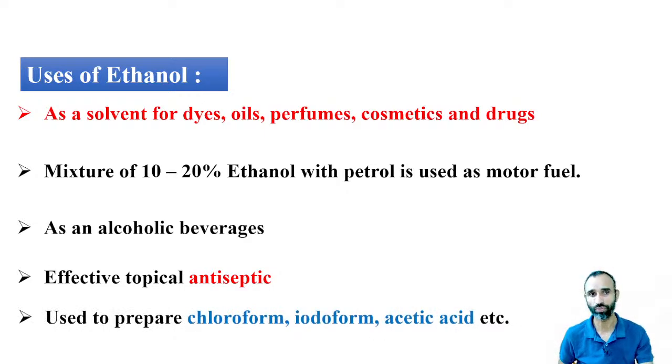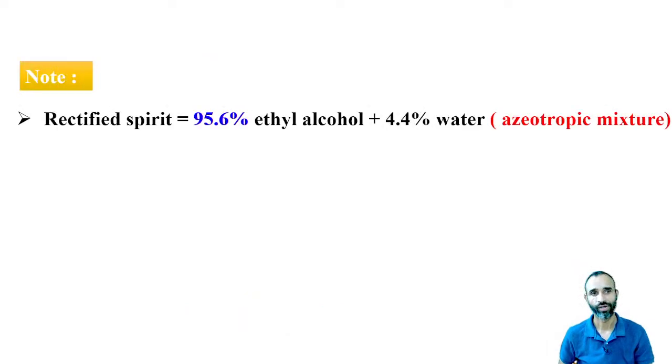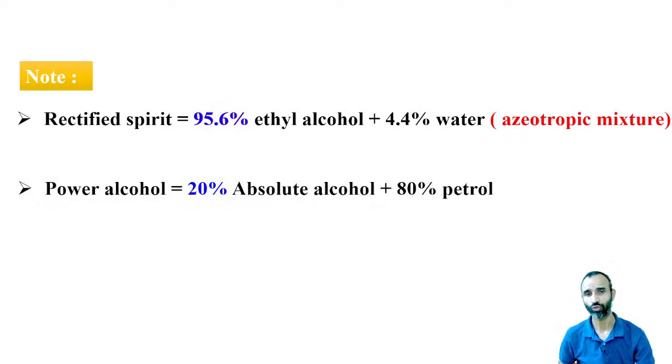It is used to prepare chloroform, iodoform, acetic acid. What is the formula of iodoform? So rectified spirit is 95.6% ethyl alcohol and 4.4% water. And that is an azeotropic mixture. What is azeotropic mixture?